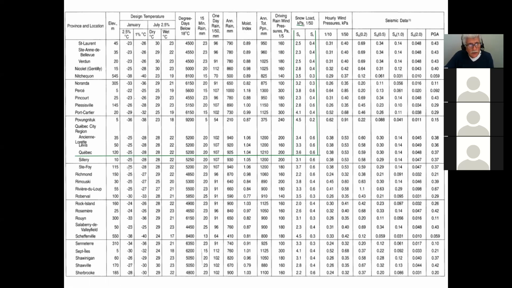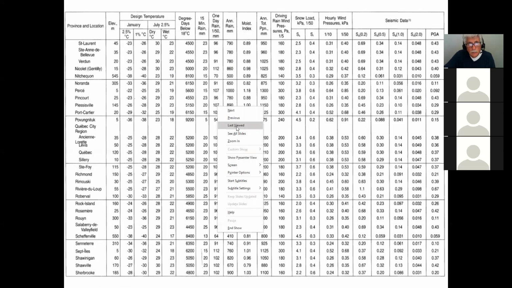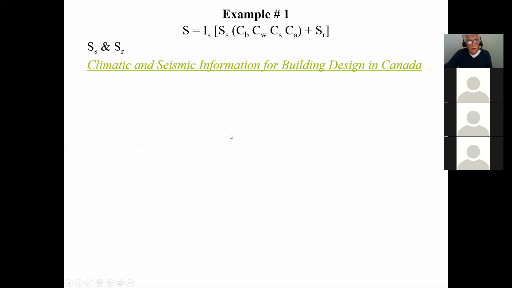And if ever you're in Quebec City and you don't know what region you're at, just be conservative. Take the highest one. So like here, for example, I would take 3.6. That's it. So that's where I get my SS value of 3.6 and my SR value.